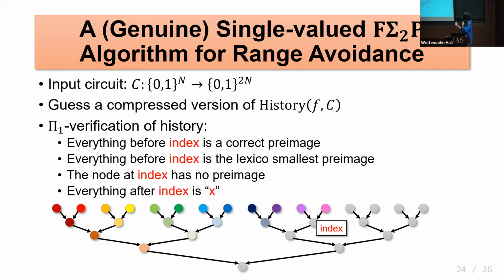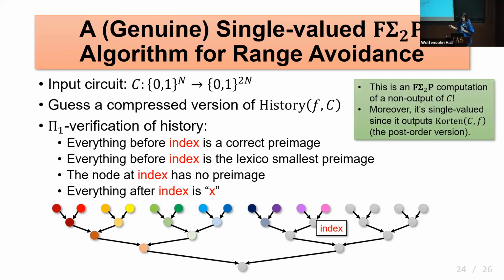Is this okay? Then it's easy to see this is a Sigma 2P algorithm and outputs a non-output of C, and moreover single-valued, because it always outputs the output of Cantor's reduction, and Cantor's reduction is a deterministic procedure.